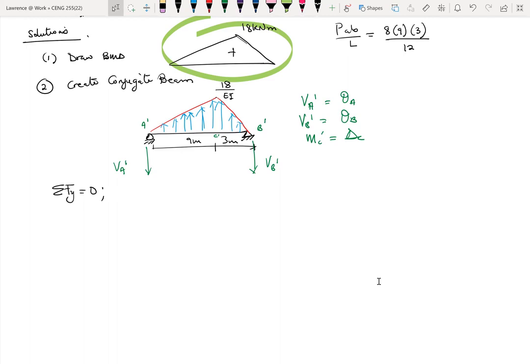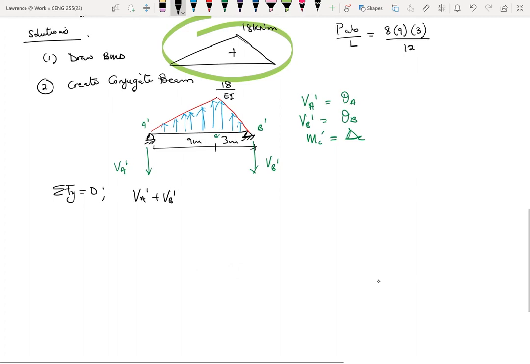So a typical example is this. Here, summation of vertical forces, upward is equal to downward. So I can say that VA prime plus VB prime, since they're in the downward direction, will be equal to the triangular load.